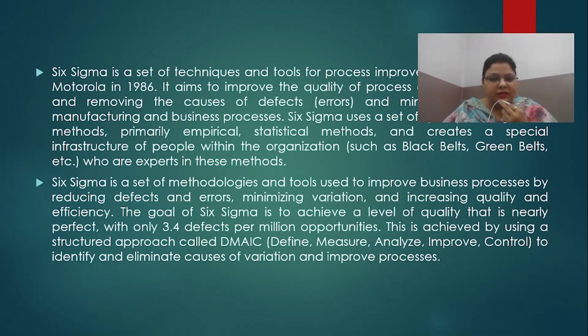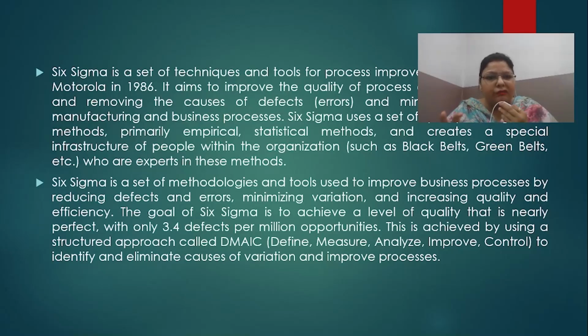Six Sigma is a set of techniques and tools for process improvement developed by Motorola in 1986. It aims to improve the quality of process outputs by identifying and removing the causes of defects.